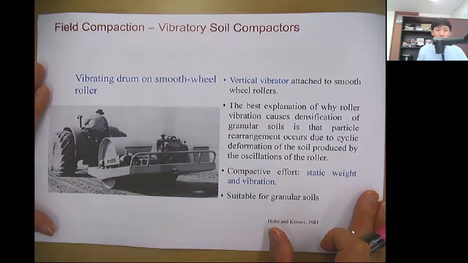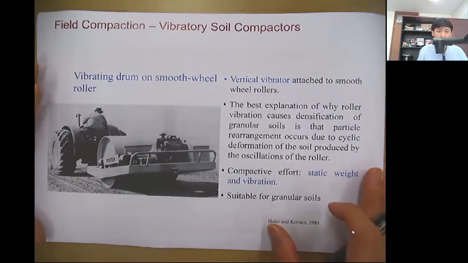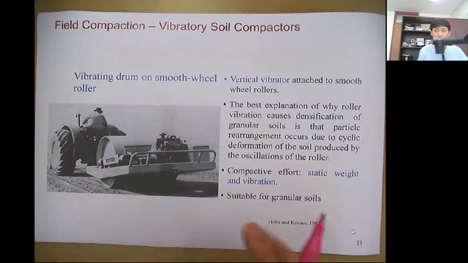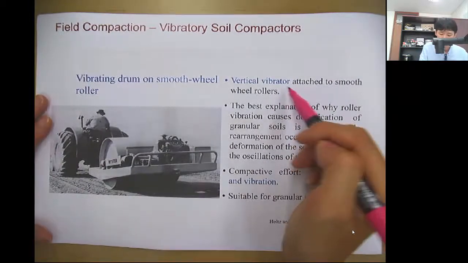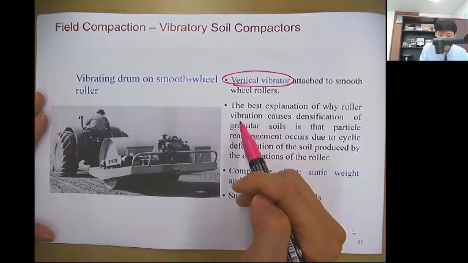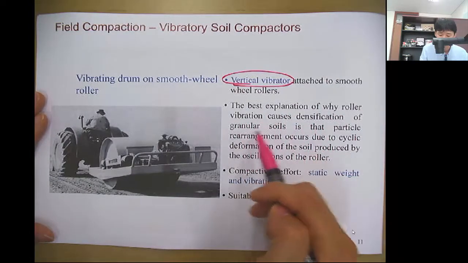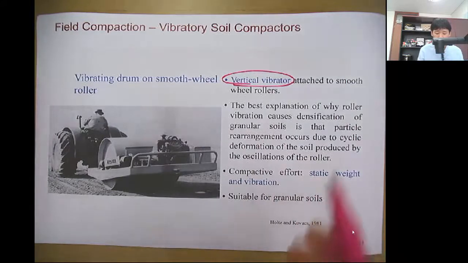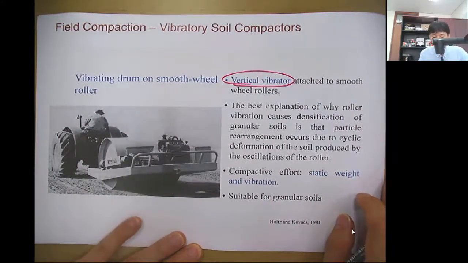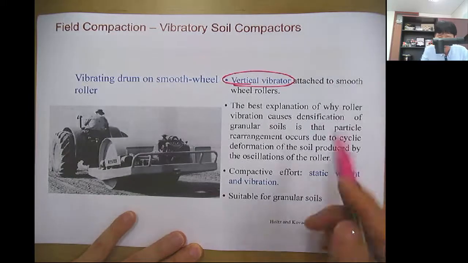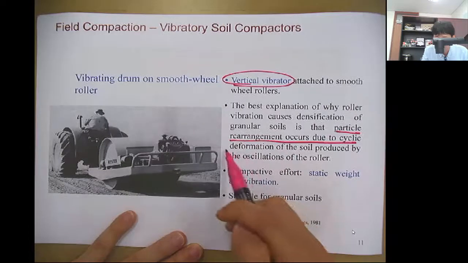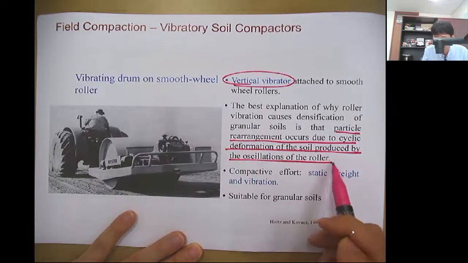The vibratory soil compactor. Here you have a smooth wheel roller, but they added a vertical vibrator attached to the smooth wheel roller. The best explanation of why roller vibration causes densification of granular soil is that the vibration is really effective for compacting granular soil, because particle rearrangement occurs due to cyclic deformation of the soil produced by the oscillations of the roller.